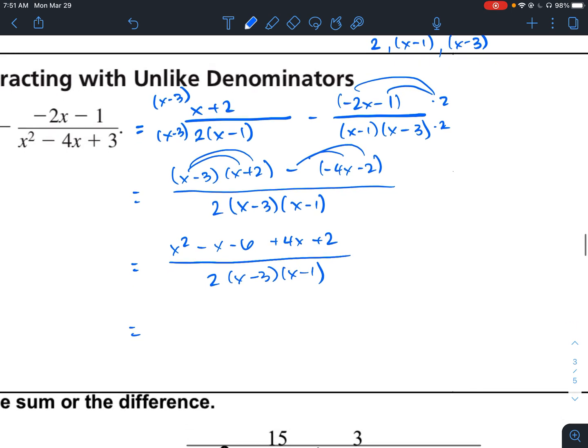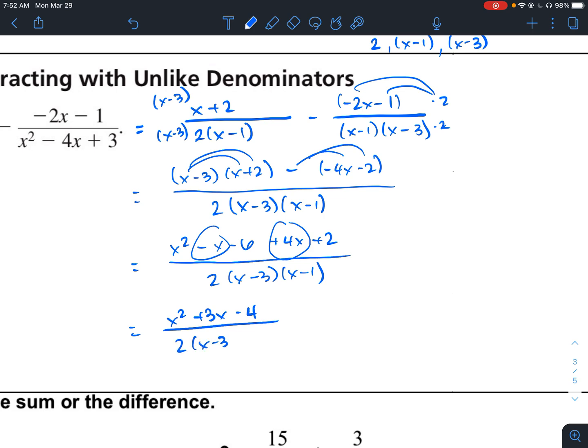So this is equal to x squared. Now I can combine like terms, so that should be plus 3x, and then minus 4, divided by 2 and x minus 3 and x minus 1.